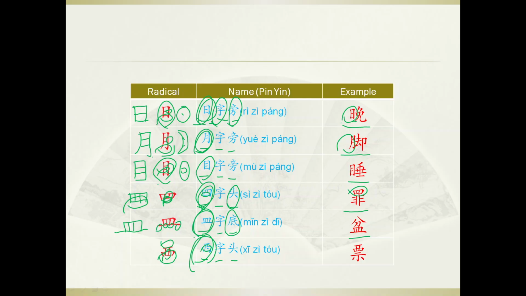Let's write it. Horizontal, outer line a bit vertical. Connect to the top horizontal turn. Starting from the horizontal, vertical through about 1/3 position of the second horizontal.